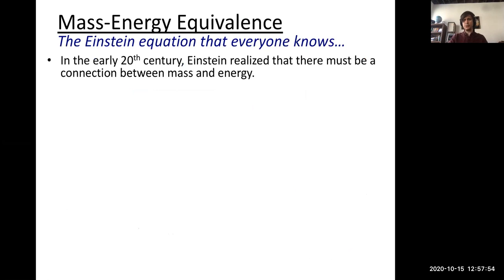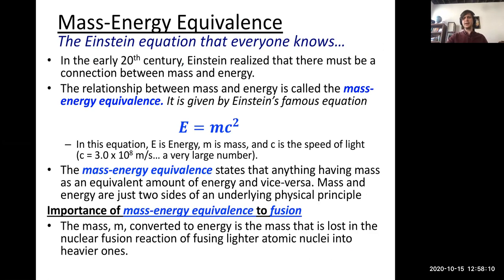And here we have to go to Einstein. This is one of Einstein's greatest pieces of work right here. He realized that there is a connection between mass and energy. And you have heard of this connection between mass and energy that Einstein came up with, because it's his most famous equation of all time, E equals mc squared.